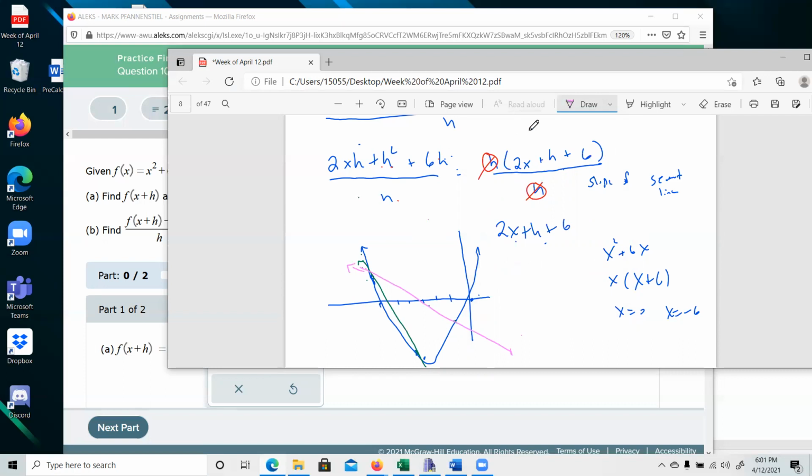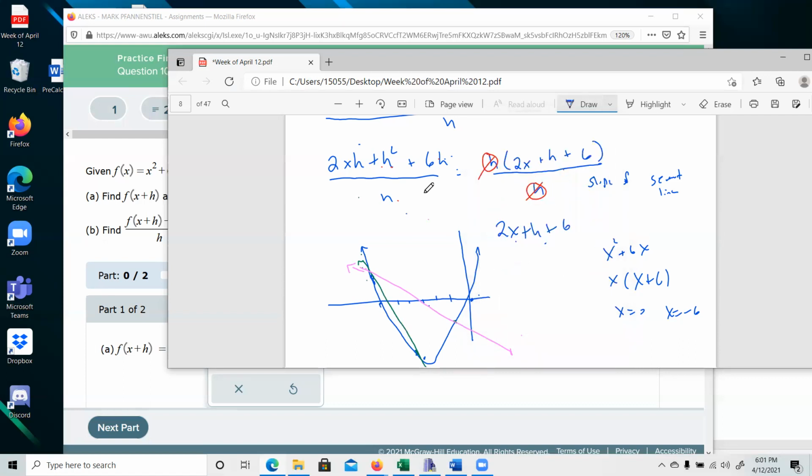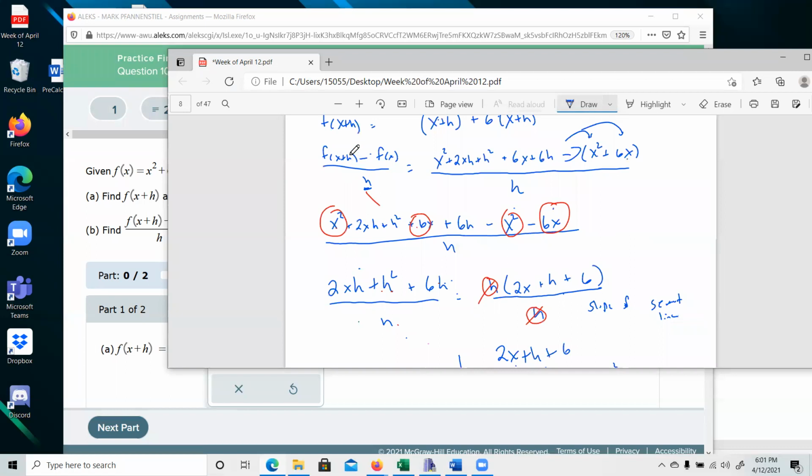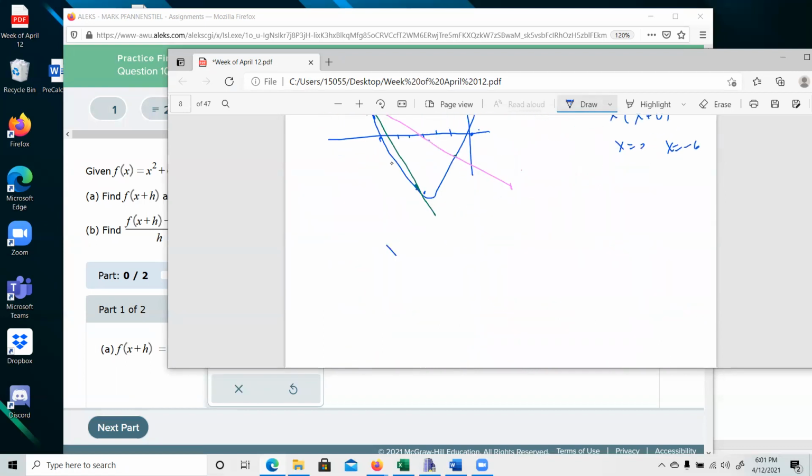So the other big mistake that students often make with this is that they don't deal with this h on the inside very well, and they just leave it out to dry. They just say, oh, well, that's x squared plus 6x. Don't do this. This is terrible. They cancel, and they cancel, and then they cancel, and we end up with a 1.